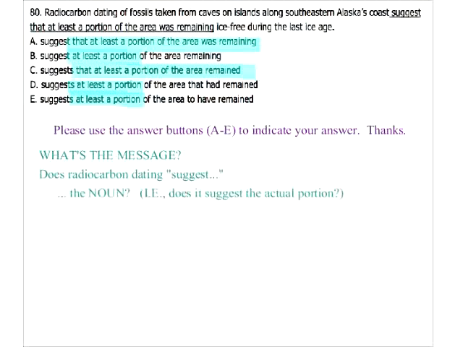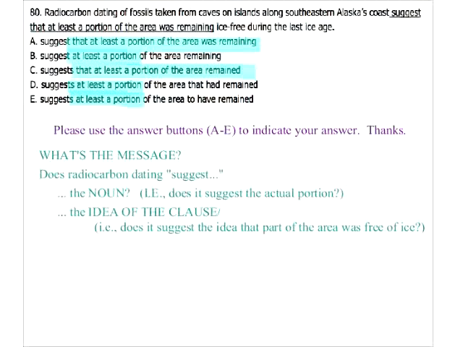Or does it suggest the idea of the clause, which would be, does it suggest the idea that part of the area was ice-free? Well, you have to understand the message of the sentence. It's not the noun, because radiocarbon dating doesn't give you geographical locations.